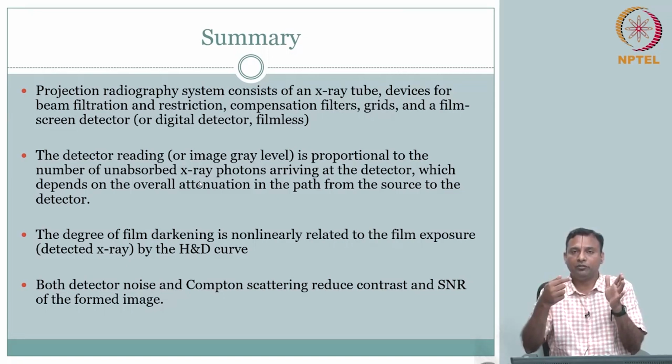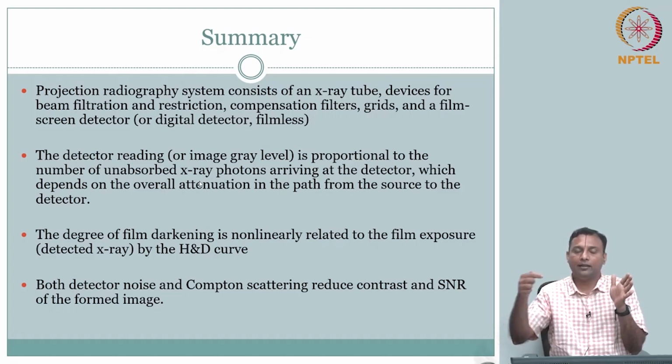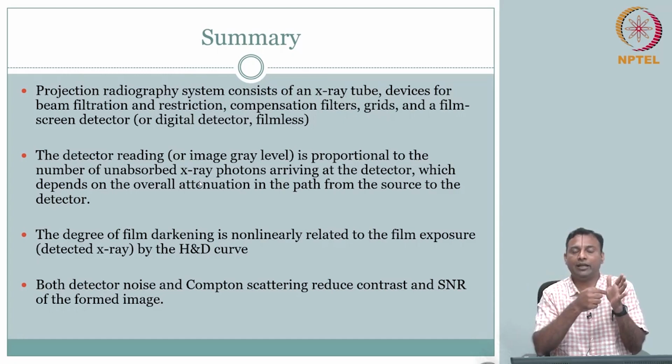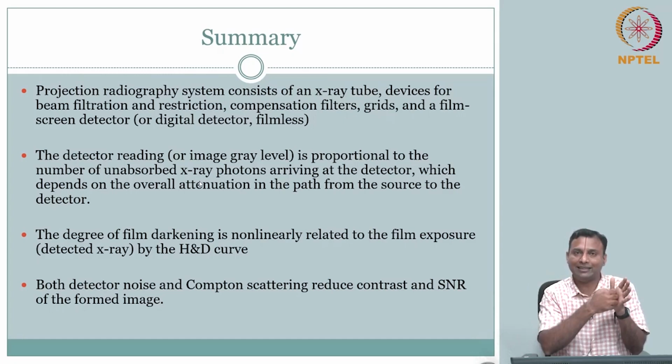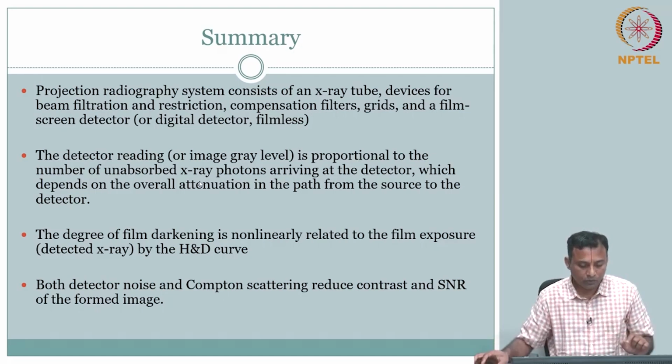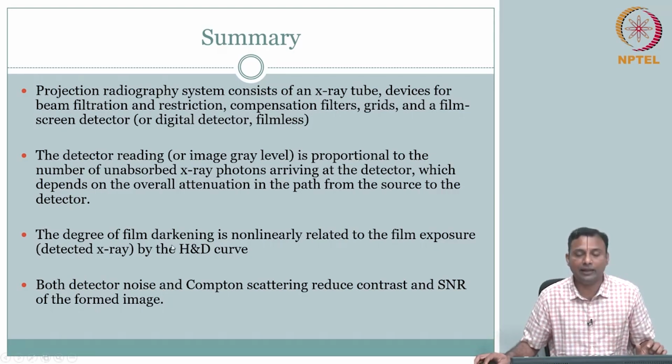So, a detector behind the path that has bone would receive fewer X-ray photons, and therefore less darkening of your X-ray film. Okay. So, the degree of this darkening is related by the S curve or the H and D curve that we talked about, and then finally we talked about the noise, both due to detector noise and the inherent physics, which is your Compton scattering. Okay.